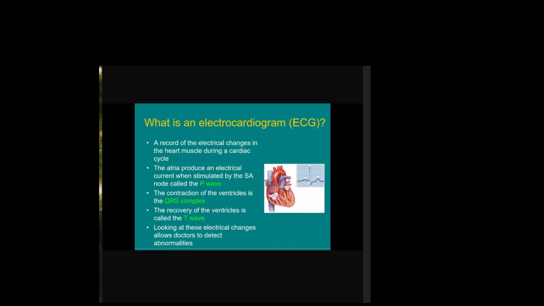And this beating of the heart can be captured by an electrocardiogram. If we understand that we have a contraction phase, and then we have a relaxation phase, you would see that on the electrocardiogram, you could sense when the heart is contracting, you could sense when it is relaxing.